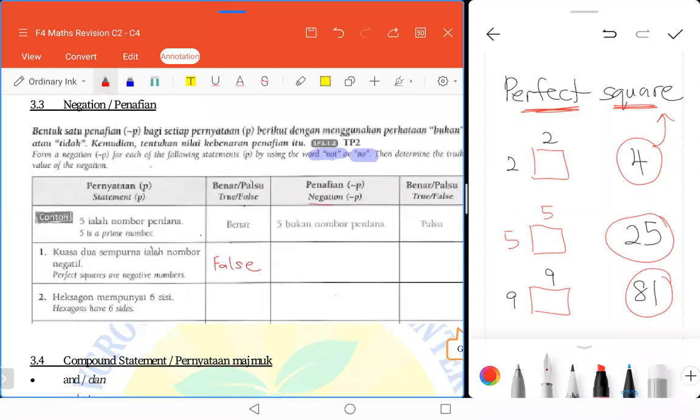So negation means how you want to convert it, make it not true. From false to true, how? How do you want to change the sentence so that it becomes a true statement?